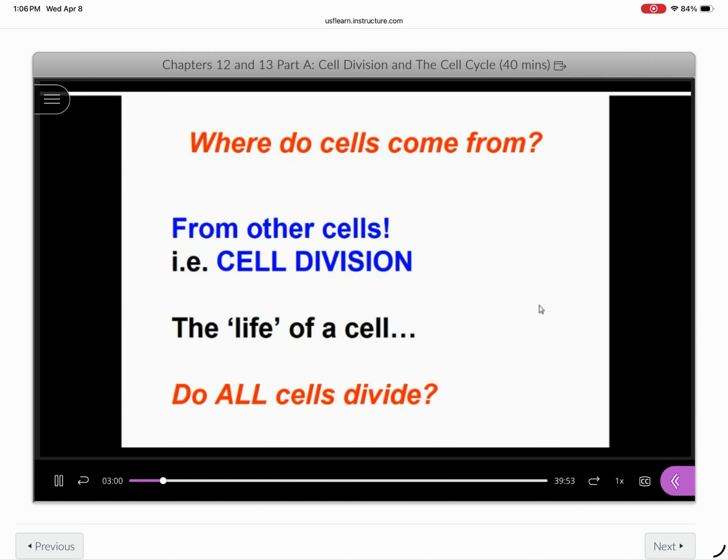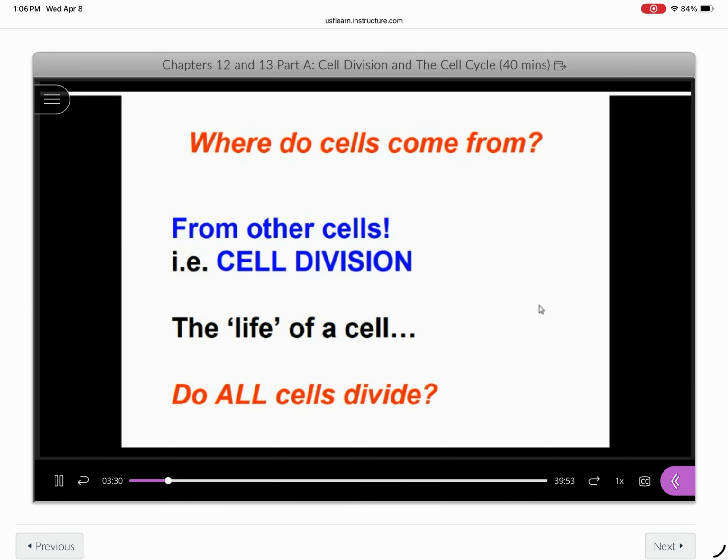Do all cells divide? I'm asking. You have to offer an answer. So actually, no is the correct answer. If you know what neurons are, nerve cells, these cells don't divide in our adult bodies.